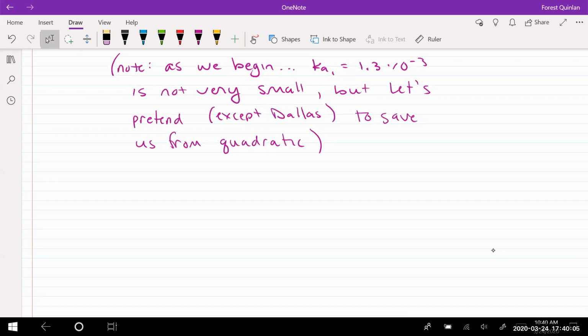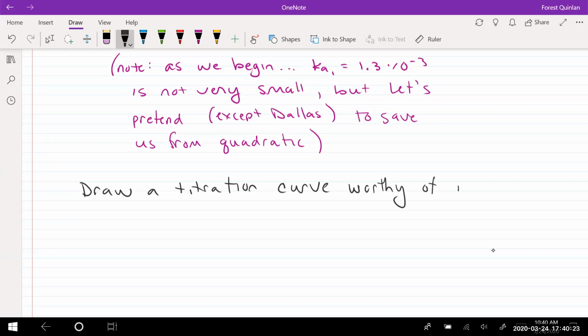We need a titration curve worthy of Mordor. So, draw a titration curve worthy of Mordor. Or, I should put 4 over here.